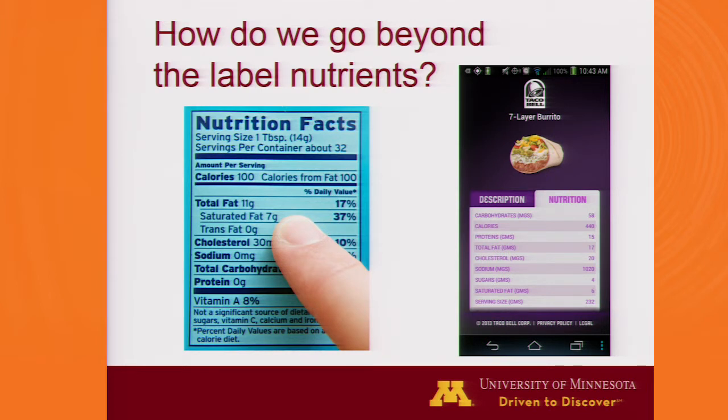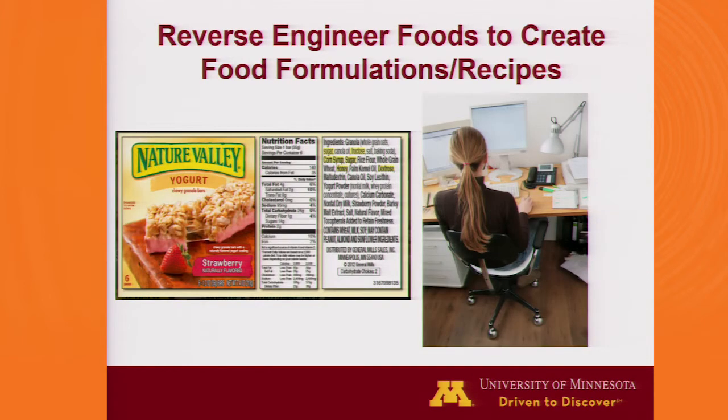And there are a few other tricks that we also use for finding that information and making our data complete. But today I want to talk a little bit more about how we do this for brand name and restaurant foods, because those are really growing and expanding and very difficult to get more than the label nutrients. So how do we go about getting that information? We essentially reverse engineer foods to create food formulations or recipes.